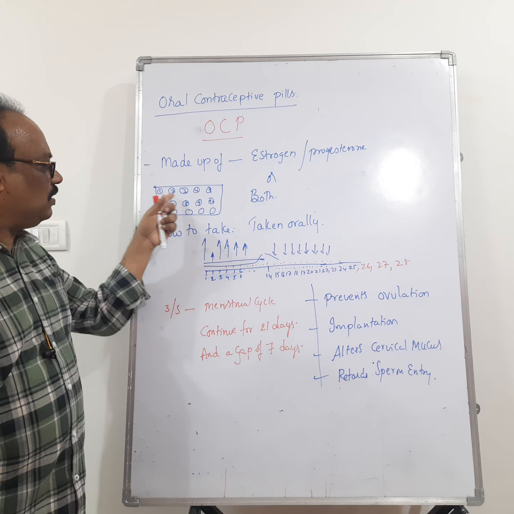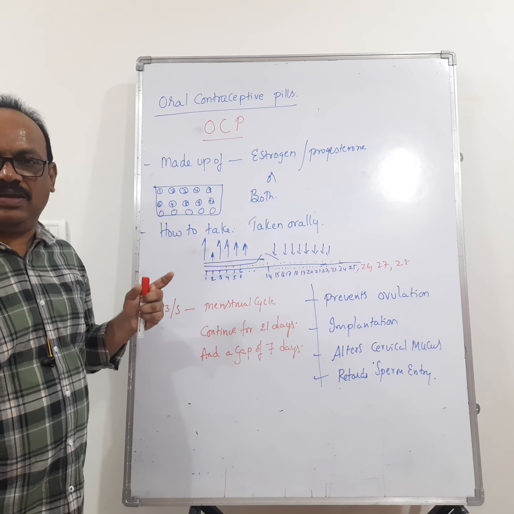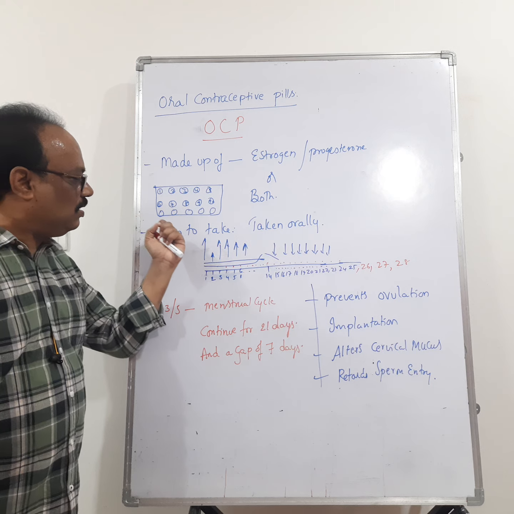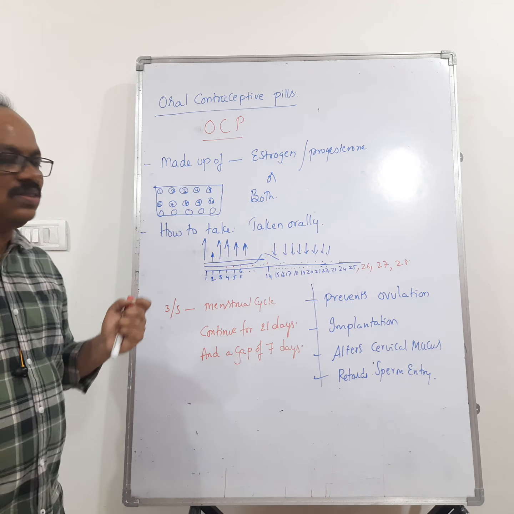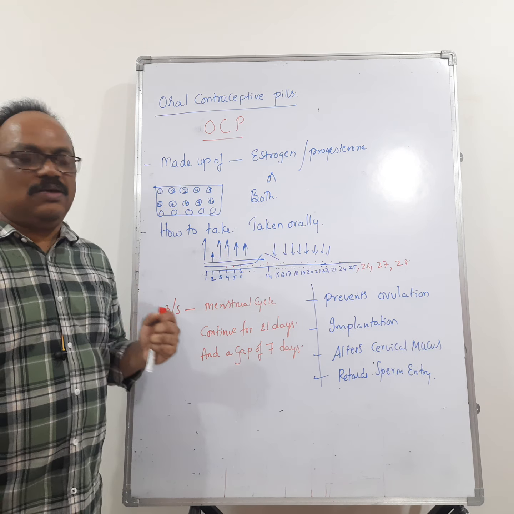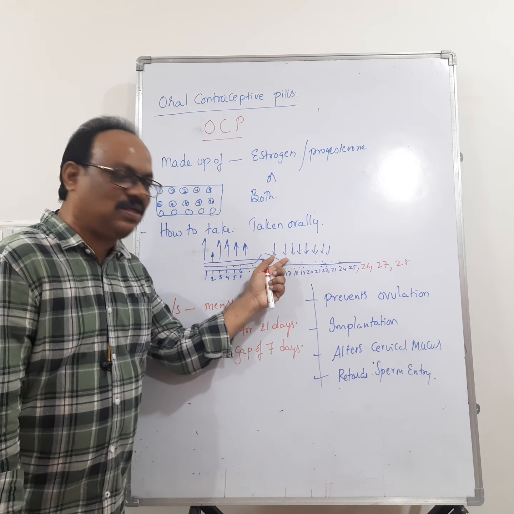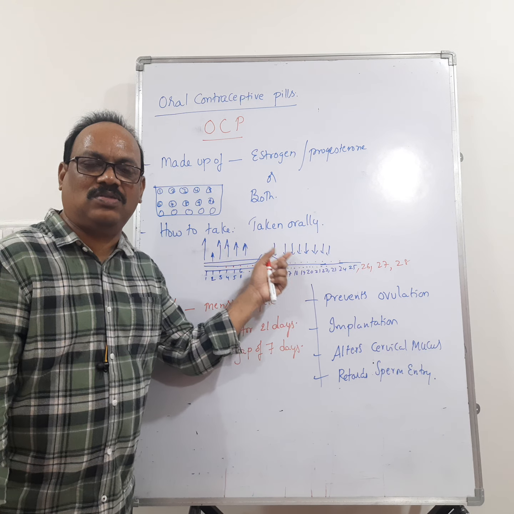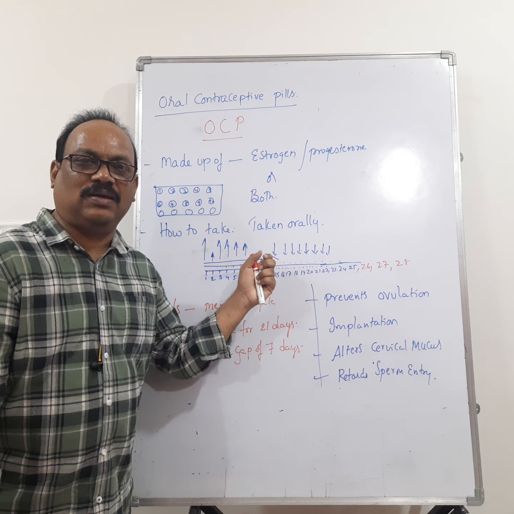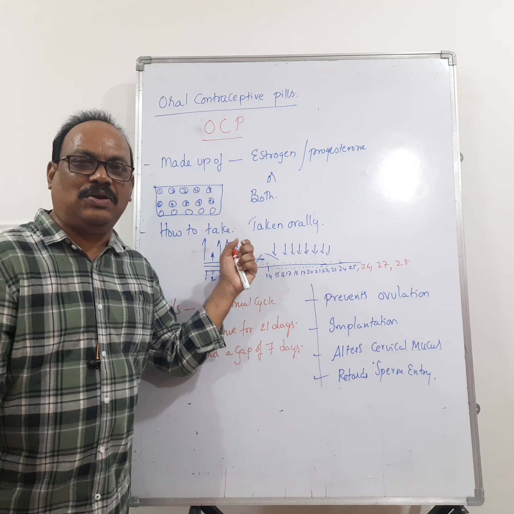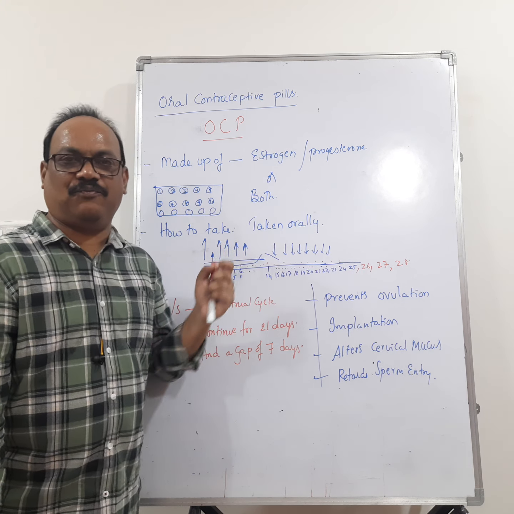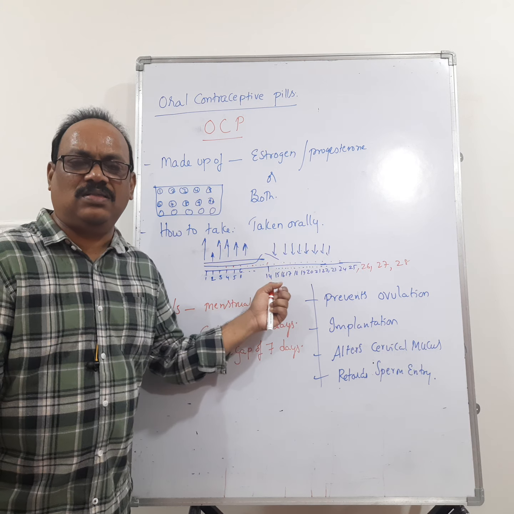Why are they mentioning the days on the tablets? It means that slowly they decrease the levels of hormones in these tablets. When the levels of hormones are decreasing, when the progesterone and estrogen are decreasing, what is happening? The endometrium is shed.